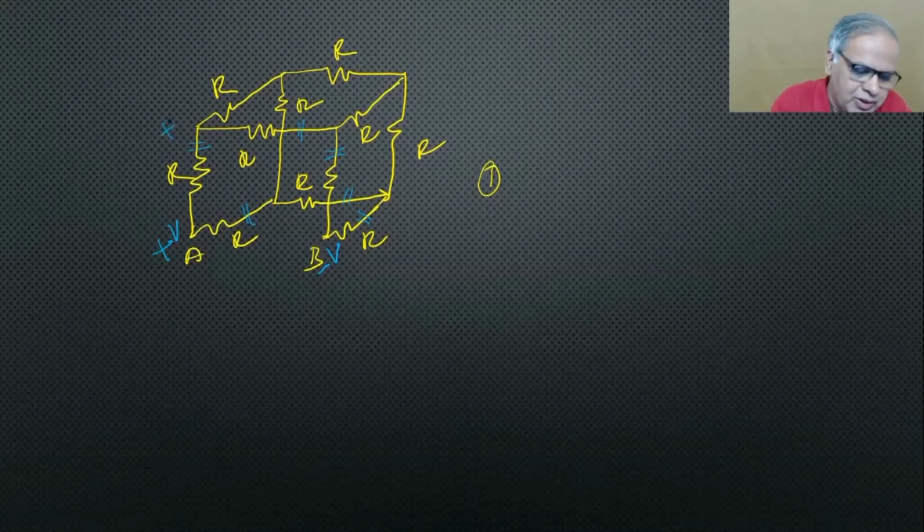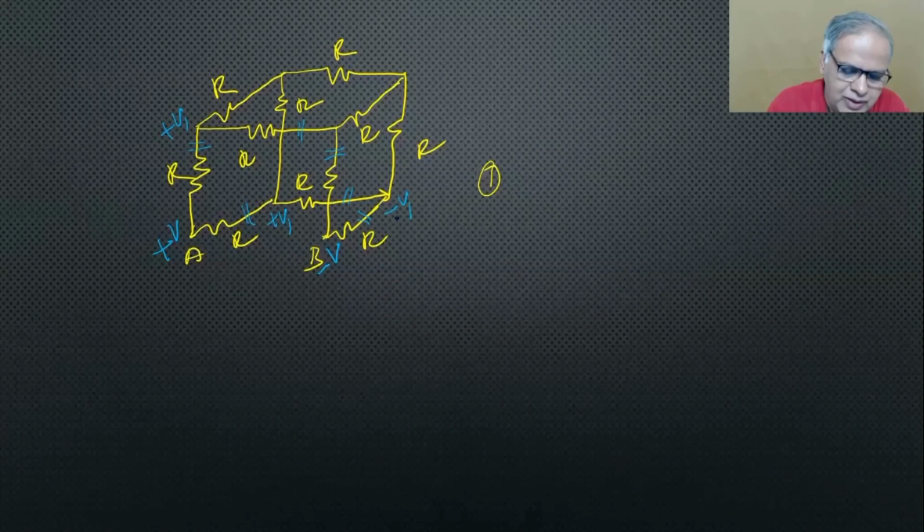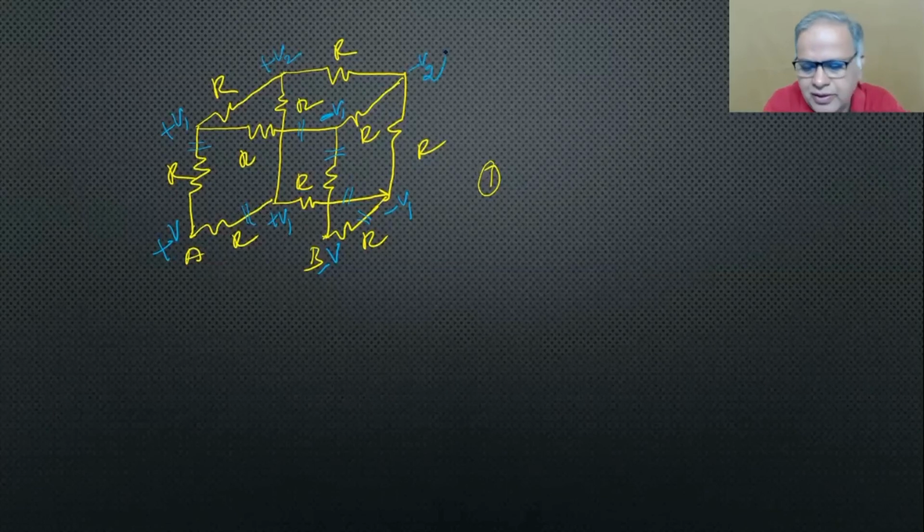Plus V1. Then further down also, minus V1. Upside from B, this one, V2, and here minus V2. Isn't it so? So tell me the equations.